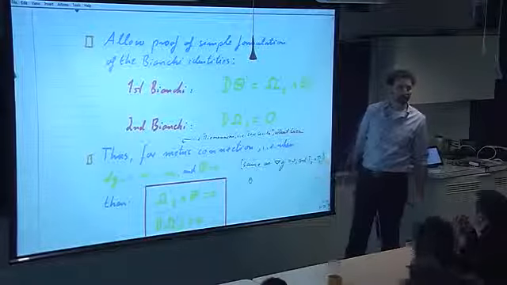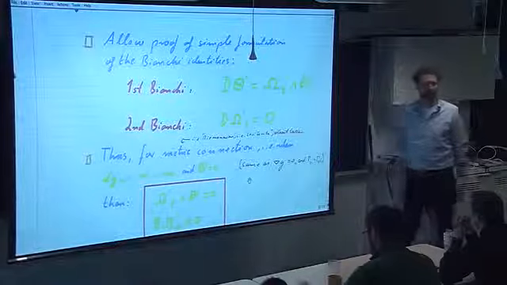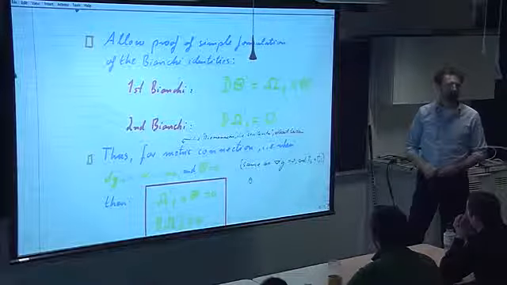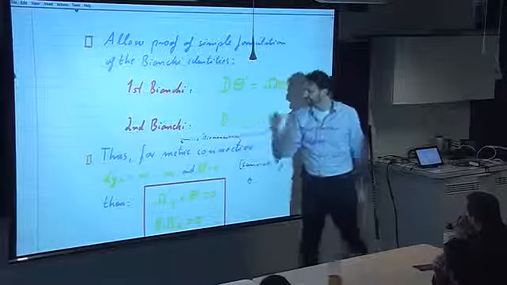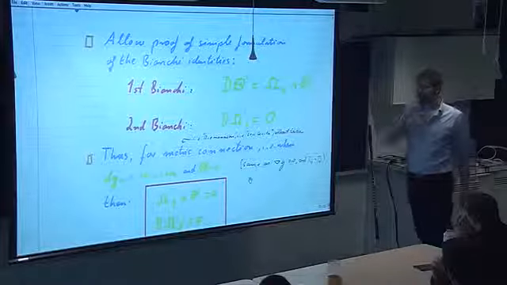Yep? So, for sufficiently nice manifolds, do we have results similar to closed being if and only if exact, or something like the second Bianchi identity here? Oh, for the D? Yeah. No, not really.